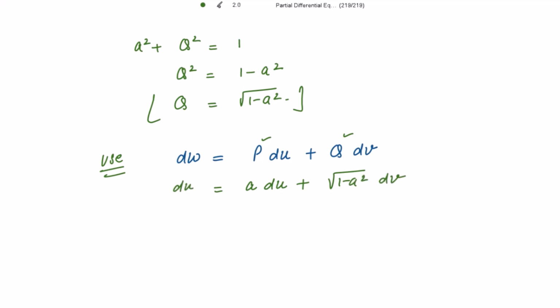This is dw, and now integrating we get w equal to a u plus the square root of 1 minus a square, which is constant, times v, plus the constant b, right? b is a constant.